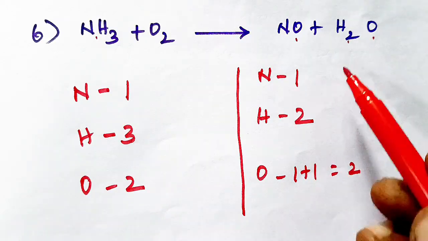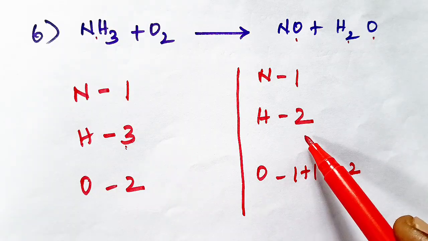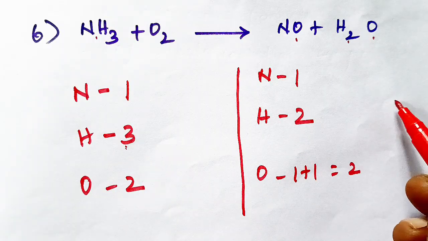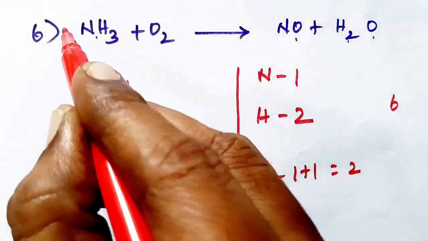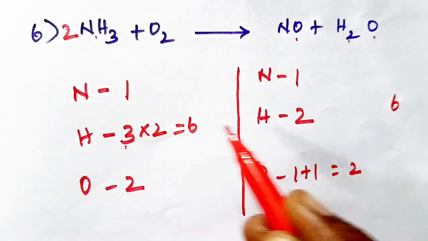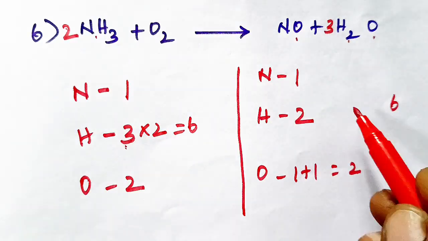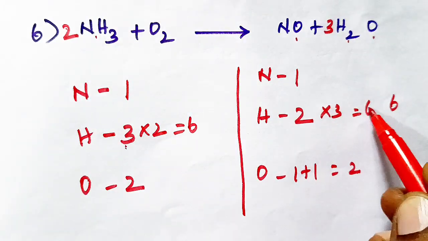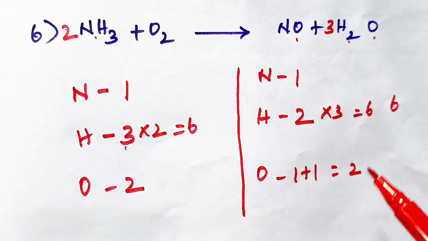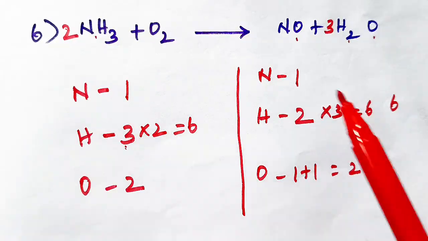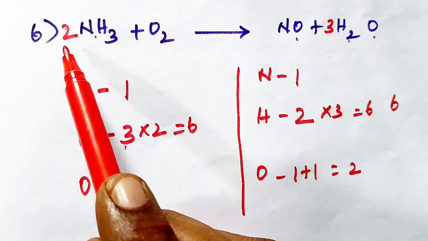Nitrogen is balanced, then balance hydrogen. Hydrogen on the reactant side is 3 and on the product side is 2, so the common multiple is 6. So to get 6, just multiply with 2, so 2 3s are 6, and on the product side just multiply with 3, so you get 6 on both the reactant side and product side. Once again you repeat the step, check nitrogen again because now we changed the coefficients.